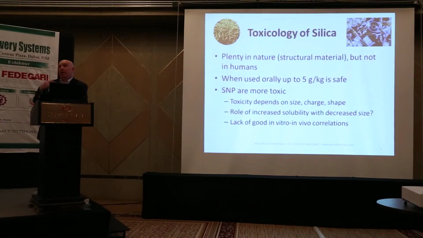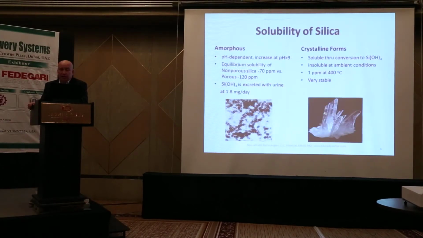We know that when we use silica orally, it's pretty safe. We can take up to 5 grams per kilogram, and silica can be found in many orally taken products. But when we start talking about very small particles, I think we're much more concerned because when we use smaller particles, the solubility goes up, and we need to look more closely at this issue.